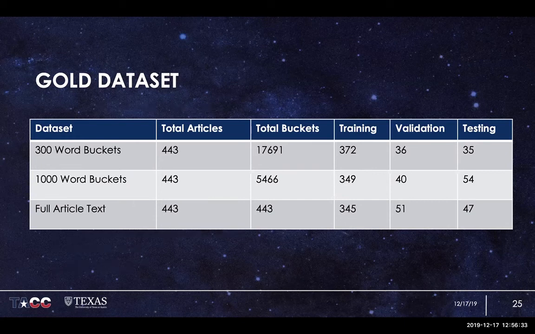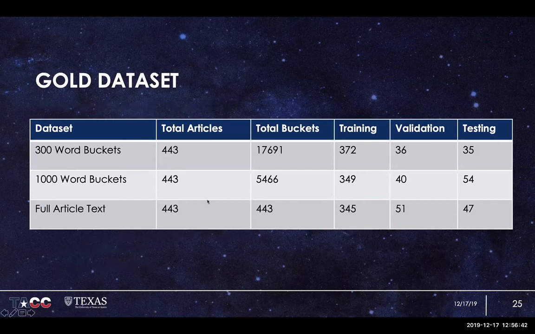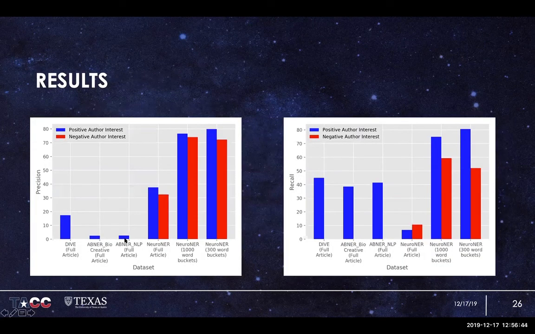We are on the results already. This is just the summary of the data set, the three variants. Let's focus on the results. Dive and the Abner tools are essentially only capable of detecting what is of interest to the author.